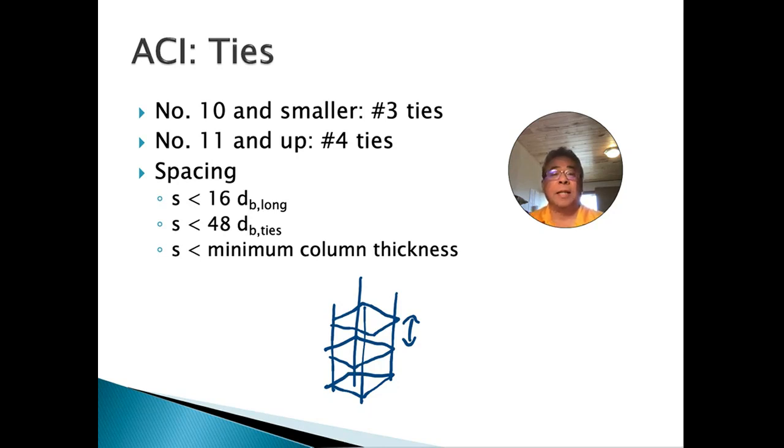Okay. Now, this one here is particularly important. We didn't really understand that before 1973. These ties need to be spaced less than that because these bars are like miniature columns and they can buckle.